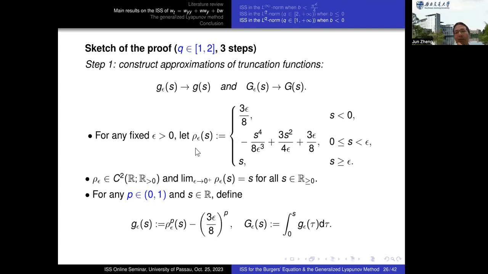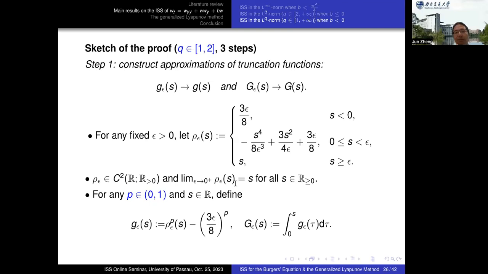In fact, we can use a function rho epsilon s. Such a function was used several times in our papers and has many good properties. For example, it is C2 continuous, and the limit of rho epsilon s is s if s is not negative.